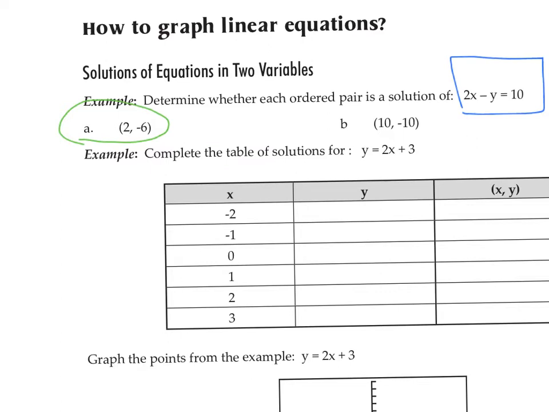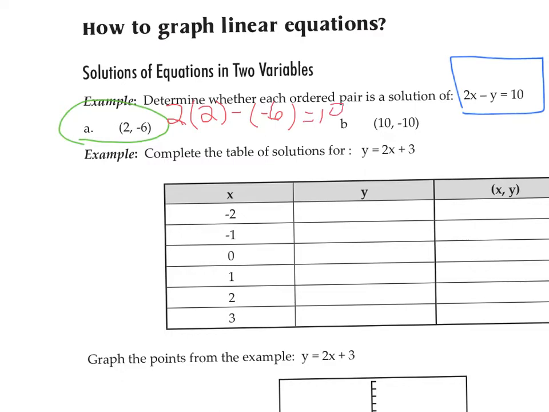So when we substitute 2 in for x, we're going to need to use parentheses because it's going to say 2 times 2. And then minus y would be minus negative 6. And the rest of the equation says equals 10.